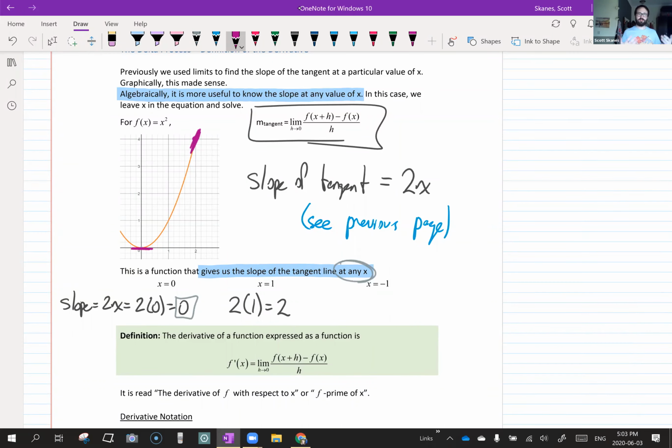It gave us our slope function. It's super awesome. I know I'm nerding out right now, but it is. It's one of the cooler concepts in math, one of the more useful ones. At -1, we can't even see the graph, but it'll be easy. It must be a slope of -2 at that point. So it's somewhere over here, and it has a negative slope.